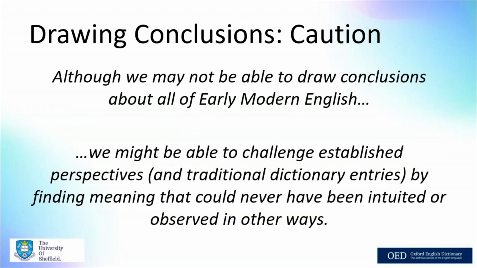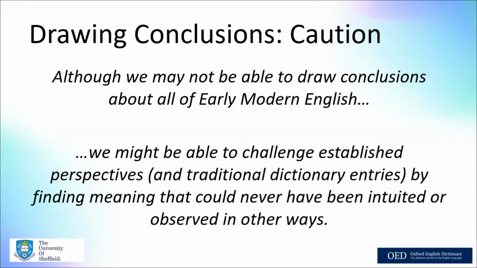So although we can't draw conclusions about all of early modern English from EBO-TCP or from our trio or quad data, or the texts that contain the trios and quads, we can still describe a whole lot of interesting things that the computational information can point us towards.